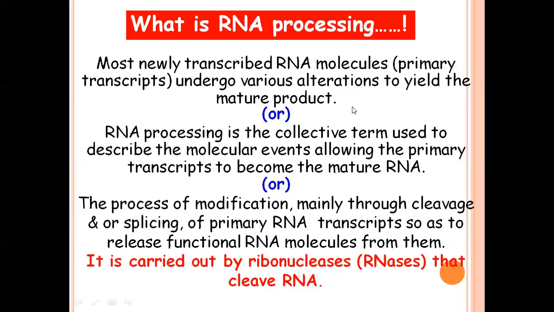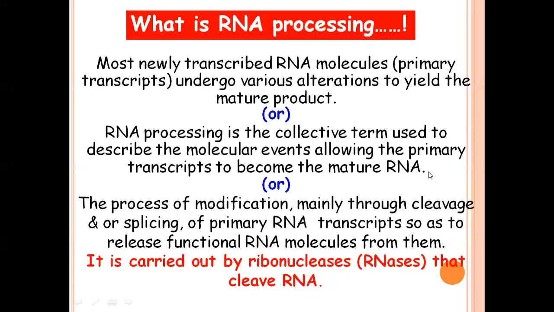That means once DNA to RNA is formed via transcription, the newly transcribed RNA molecules are called the primary transcript, and they alter themselves to yield the mature product. Or the definition: RNA processing is the collective term used to describe the molecular events allowing the primary transcript to become the mature RNA.